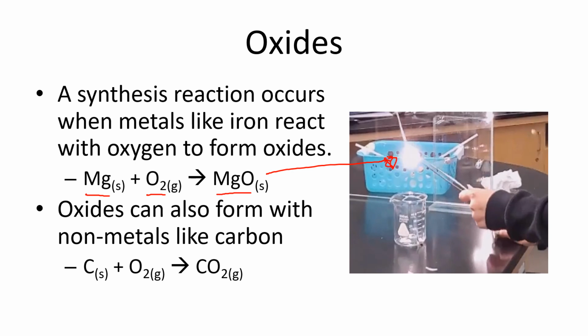When it burns, it's very bright. Or even nonmetals. So lots of nonmetals will react with oxygen and give you nonmetal oxides. So if you burn, say, some charcoal carbon in oxygen, you'll get carbon dioxide as a product. So oxides are a great example of synthesis reactions.